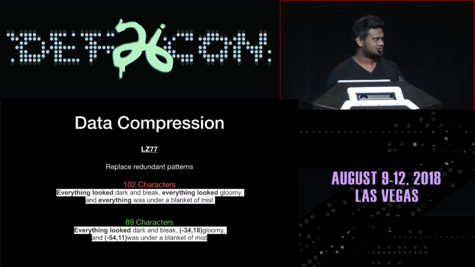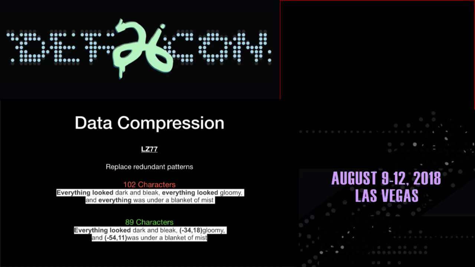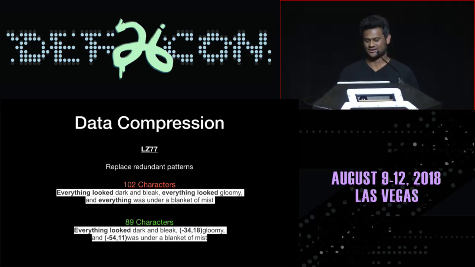In this case, the way it works is by replacing redundant characters. As is obvious from here, you can see the sentence: everything looked dark and bleak, everything looked gloomy, and everything was under a blanket of mist. In this, you can see "everything looked" is a very redundant pattern. So a compression algorithm trying to compress this piece of data is not going to repeat it.